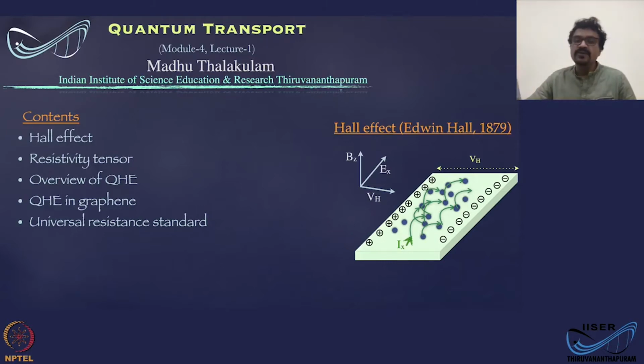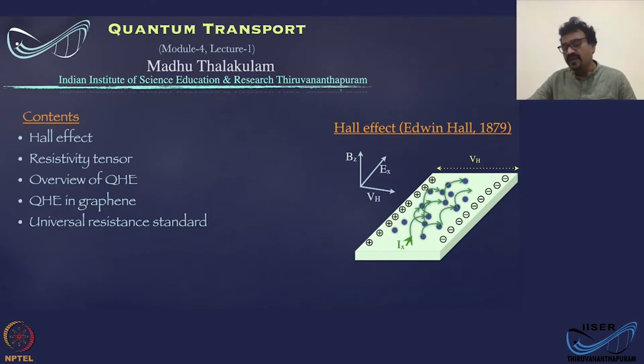Now the electron will undergo cyclotron motion, but at the same time it will undergo many collisions, and eventually the electrons will get deflected towards one edge of the sample, and at the other edge you will have the positively charged ions.